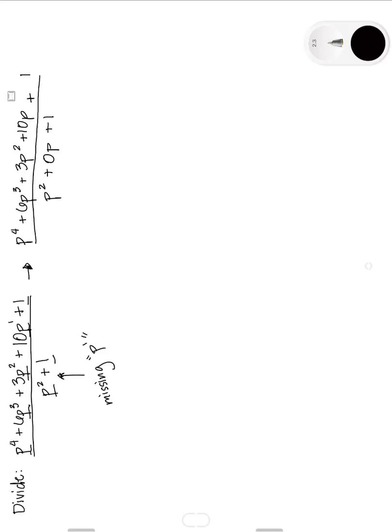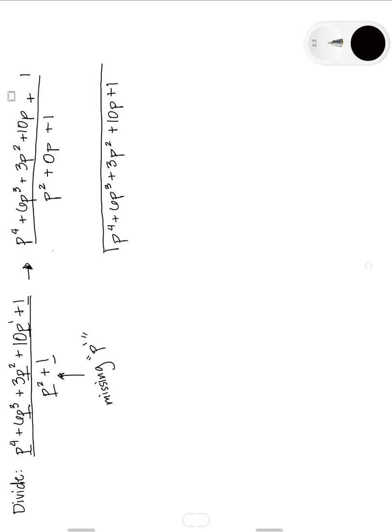And now I'm ready to go ahead and write my long division. So this is going to look like this. P 4th plus 6p cubed plus 3p squared.